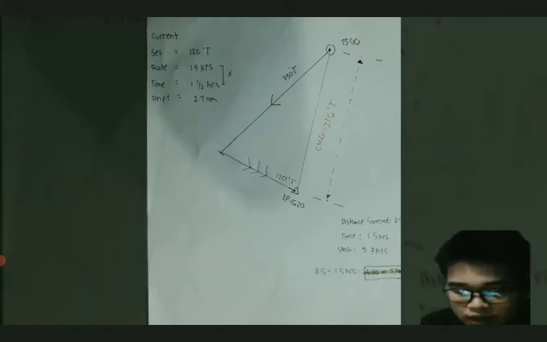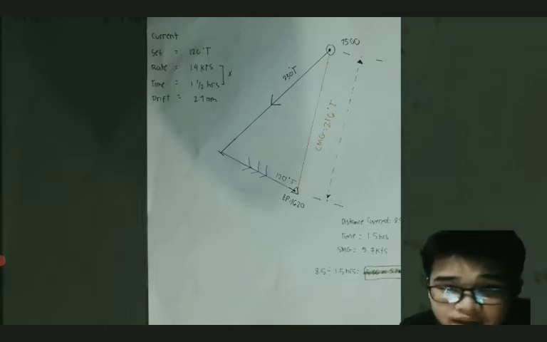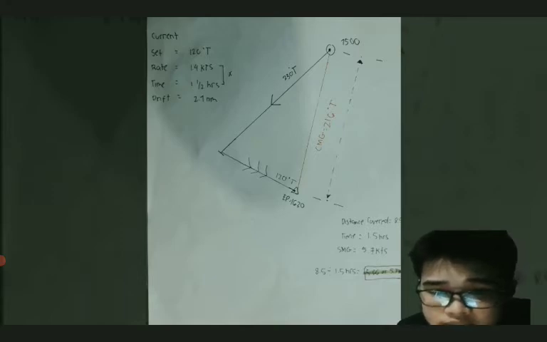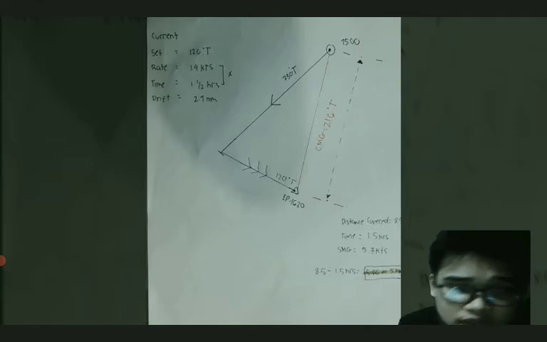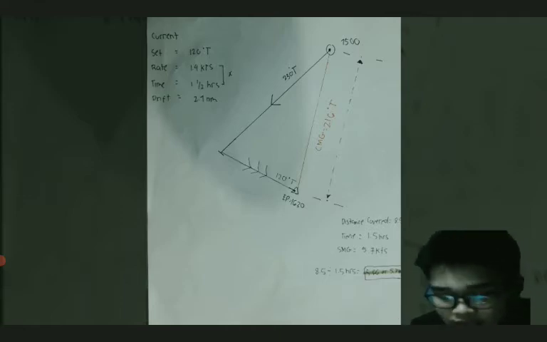Now we will draw the current from the dead reckoning position going to the right, at 120 degrees true, and the triangle with a dot will become our estimated position at 1630 hours.